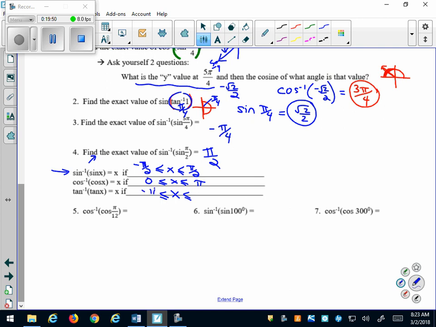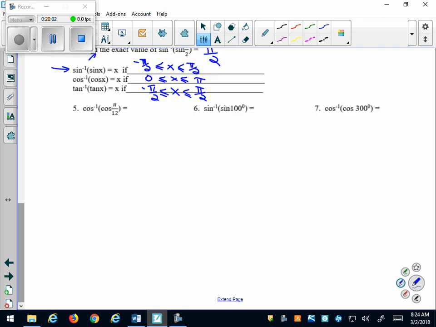So this is just like sine, negative pi over 2 to pi over 2. Does that make sense? So they undo each other if they're in that quadrant, and they don't undo each other if they're not. If they don't undo each other, then they should at least be like reflections of each other.